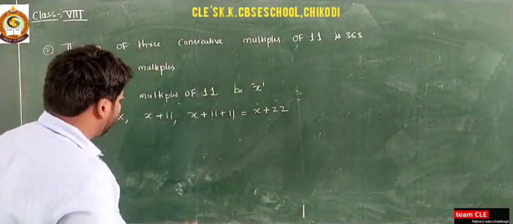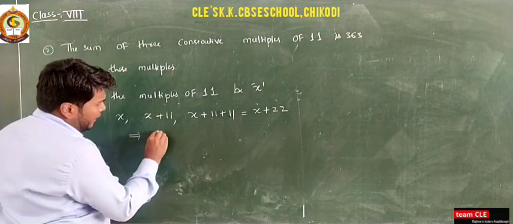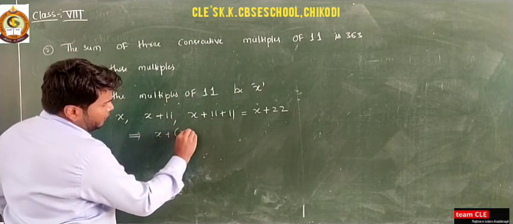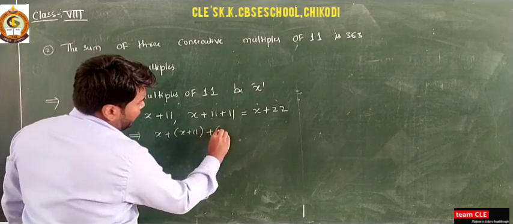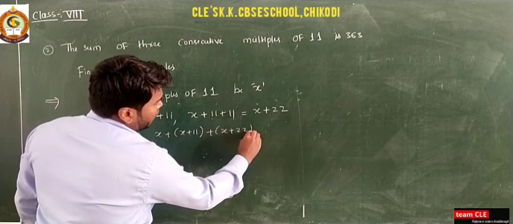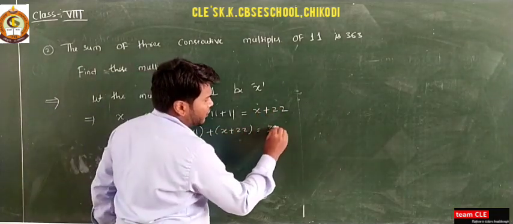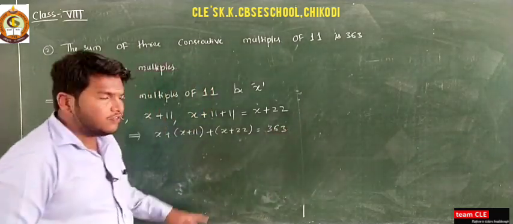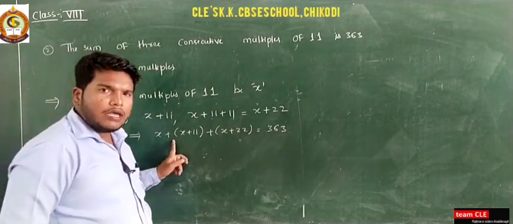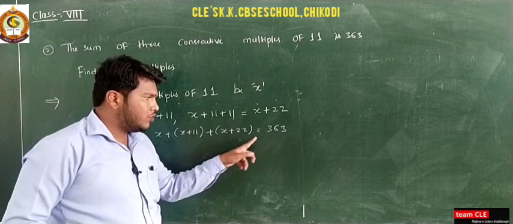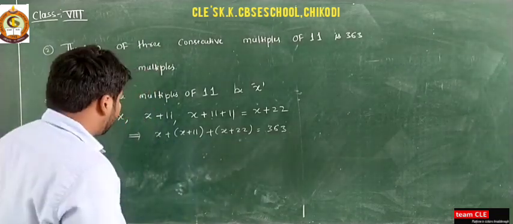So this is the equation: x plus (x plus 11) plus (x plus 22) is equal to 363.